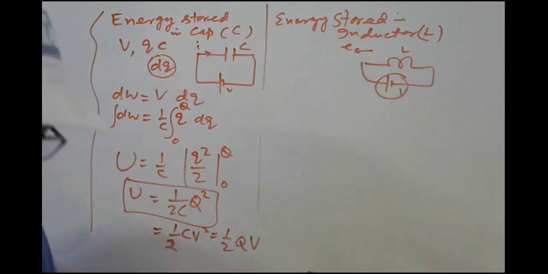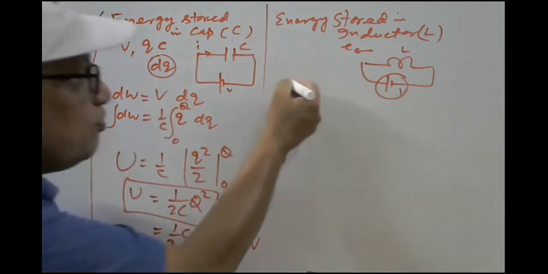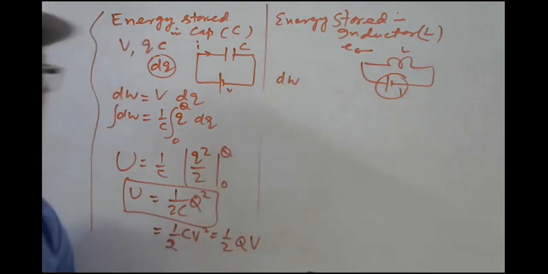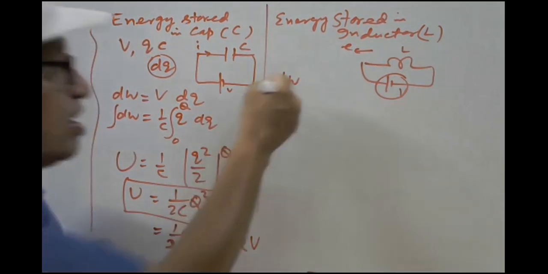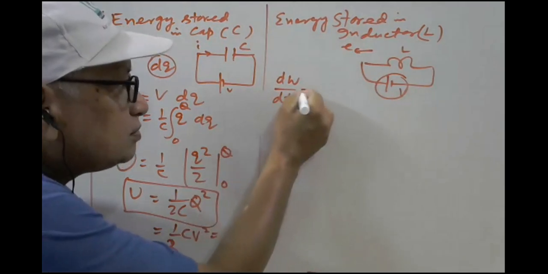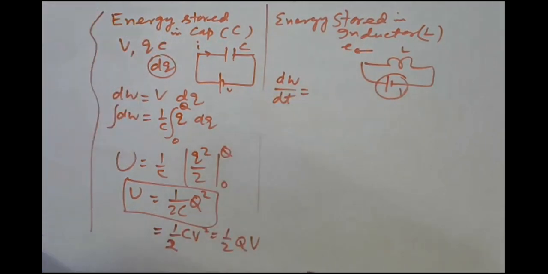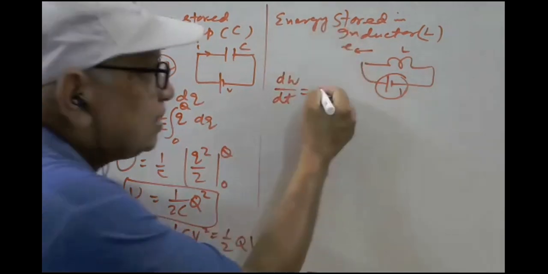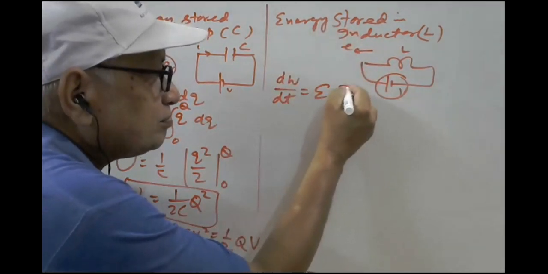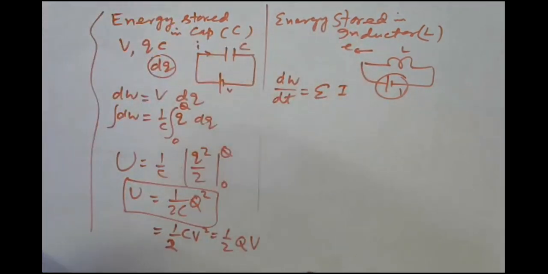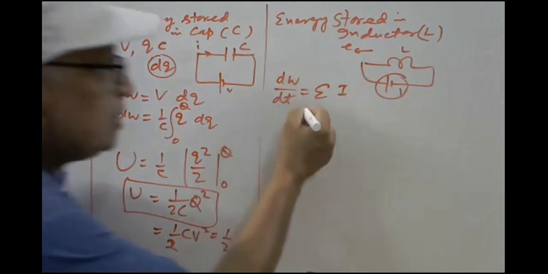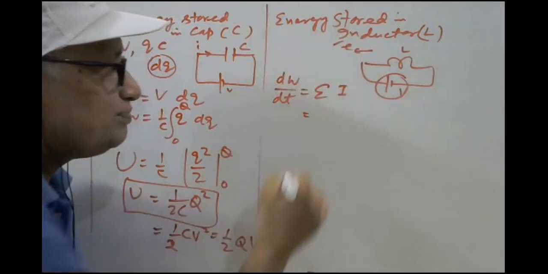So we can say here, what is the work done? Work done is voltage into current into time. Power means VI, and I am writing here EI. And what is E in terms of this?